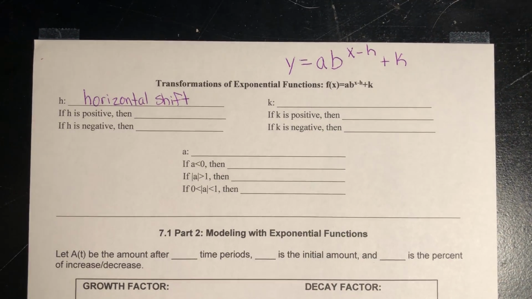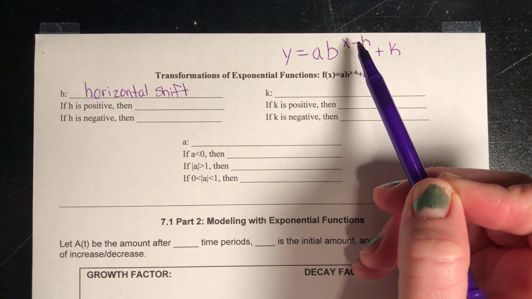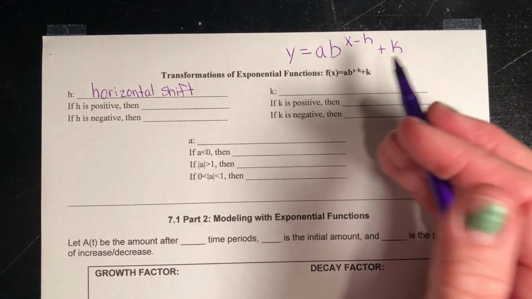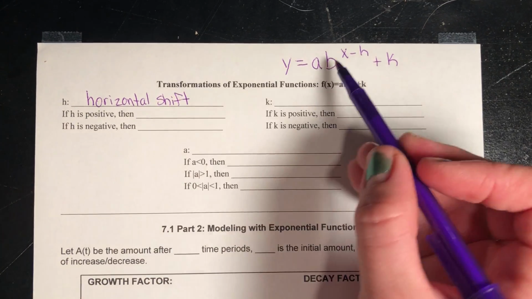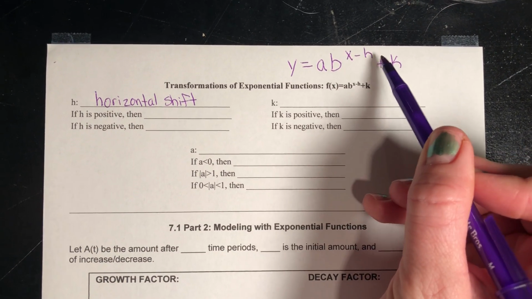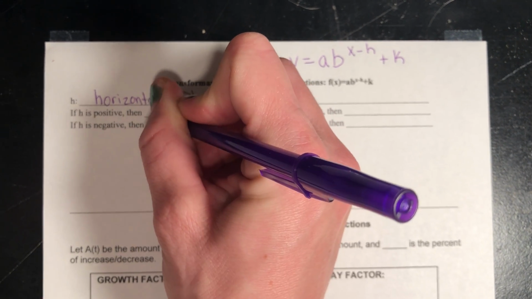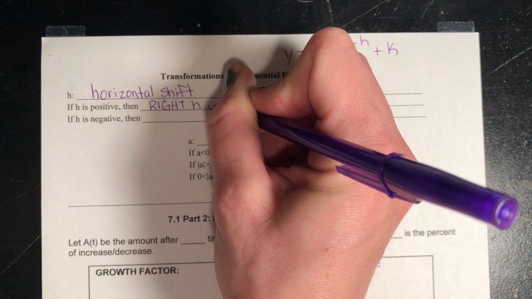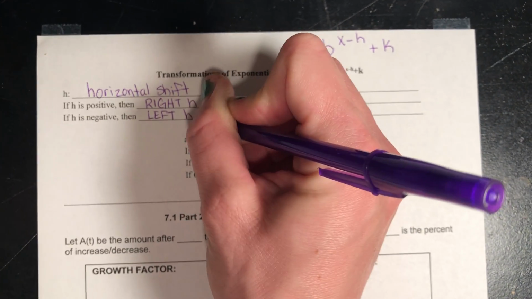So this looks very similar to other types of functions we've seen, except for our x minus h this time, instead of being in parentheses, it is in an exponent. So again, if the h is positive, meaning if you are subtracting a positive h, then you are going to go right h units. If h is negative, you're going to go left h units.